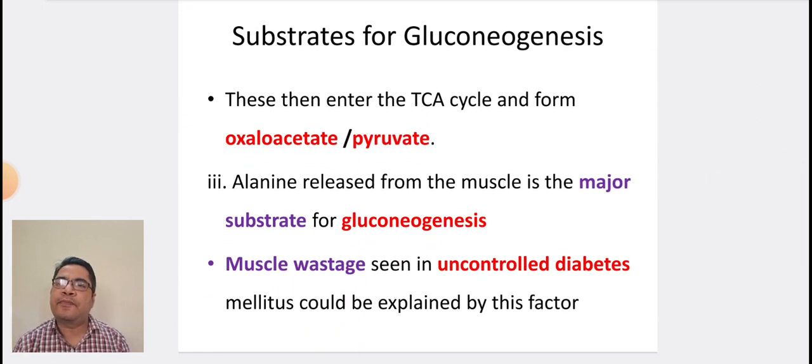These then enter the TCA cycle and form oxaloacetate or pyruvate. Alanine released from the muscle is the major substrate for gluconeogenesis. Muscle wastage seen in uncontrolled diabetes mellitus could be explained by this factor.